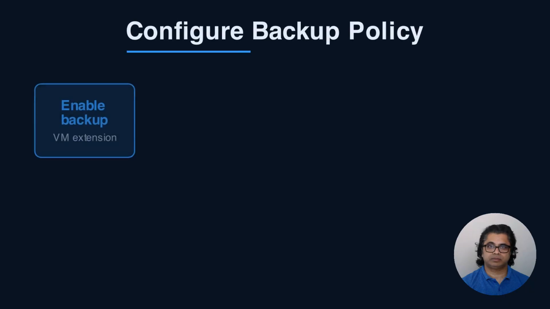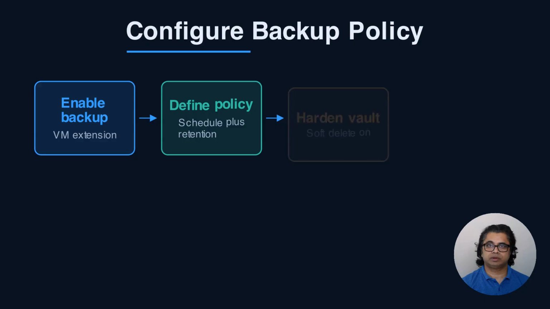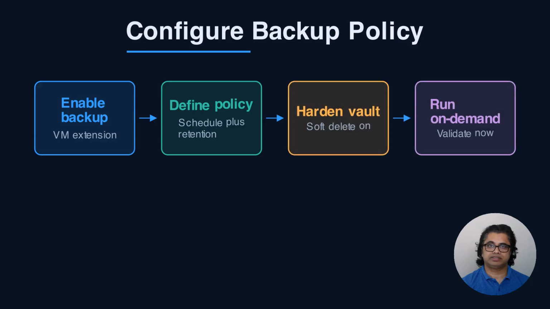Step 2, enable backup on the VM and attach a policy. The policy defines schedule and retention. For a typical production server, a daily backup with 30 days retention covers operational recovery, and you can layer weekly, monthly, and yearly points for compliance. Azure Backup uses an agent extension for VMs and takes application-consistent snapshots, which matters for databases.